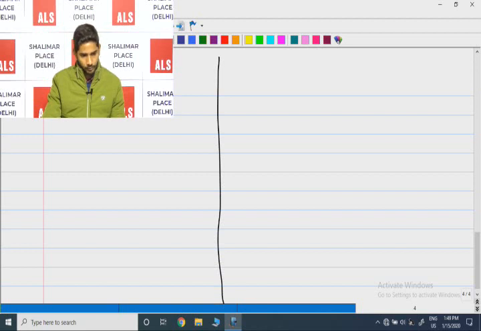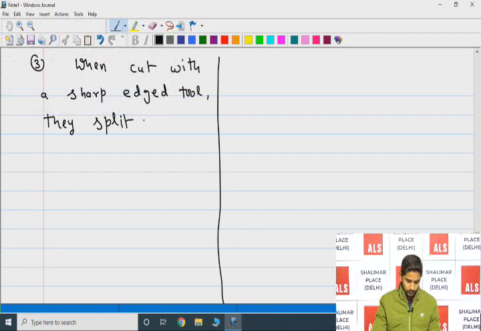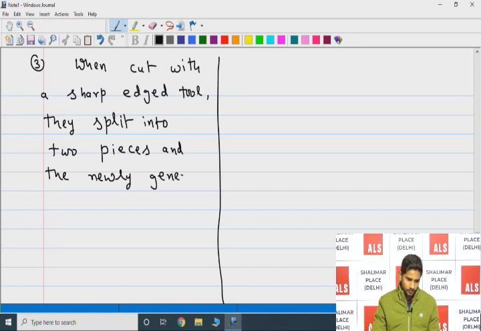Number 3: when cut with a sharp edged tool, they split into two pieces and the newly generated surfaces are plain and smooth.